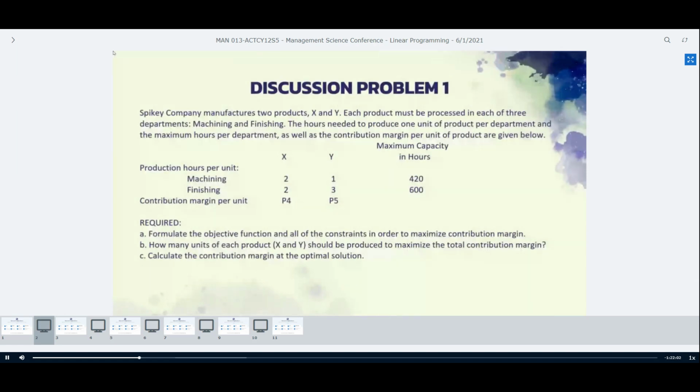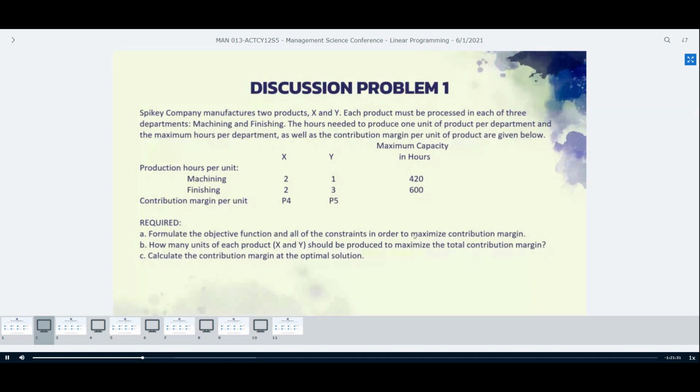So in this discussion problem 1, the requirements are number 1, formulate the objective function and all of the constraints in order to maximize contribution margin. So later, we'll formulate the objective function tapos iisa-isahin natin lahat ng constraints in order to maximize contribution margin.